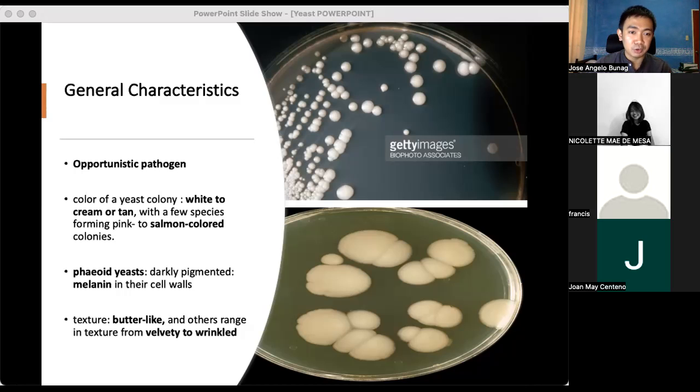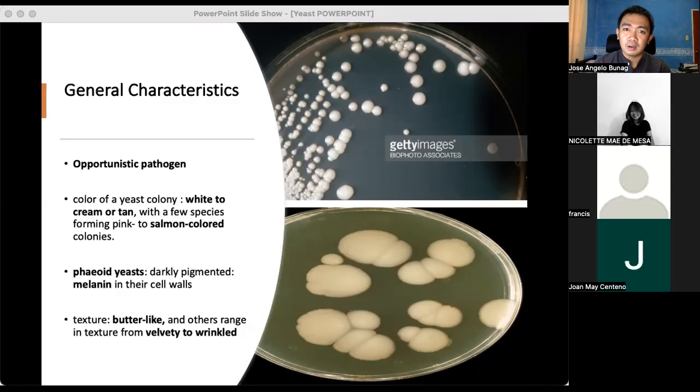And we also have your phaeoid yeast, or if you read our reference books for microbiology or mycology, to be specific, yung phaeoid po, they are considered to be darkly pigmented, and they are also considered to be dematiaceous.